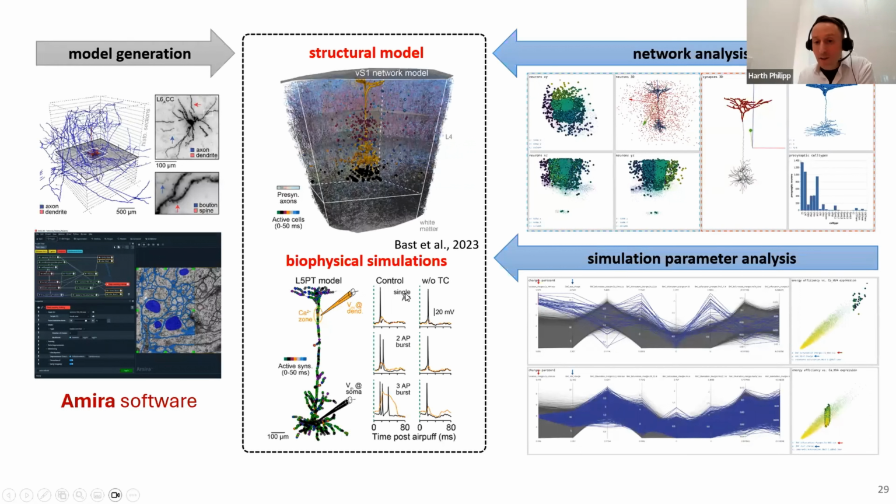And then the question is, how do you find meaningful parameters and how do you understand your parameter space? And this is where interactive visualization comes into play. I'd like to illustrate this with two examples.